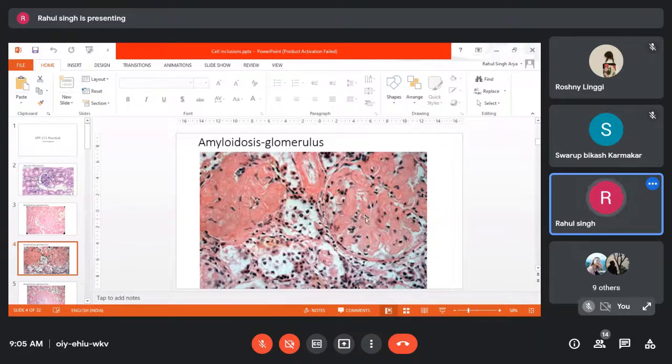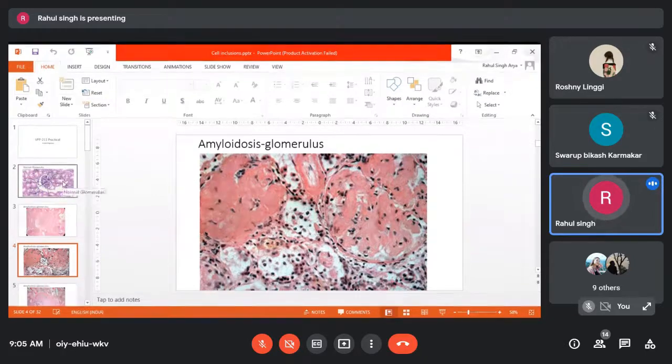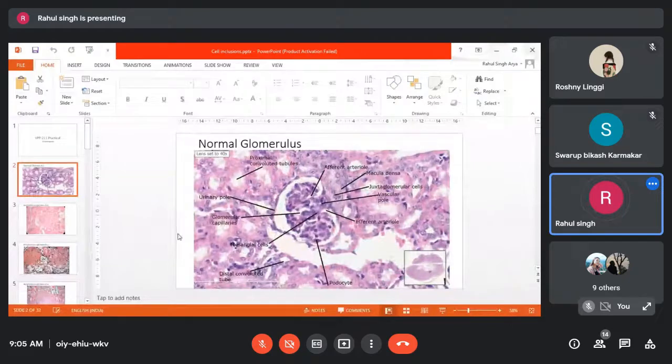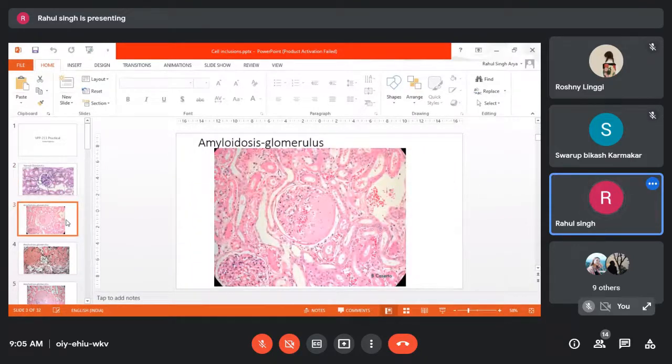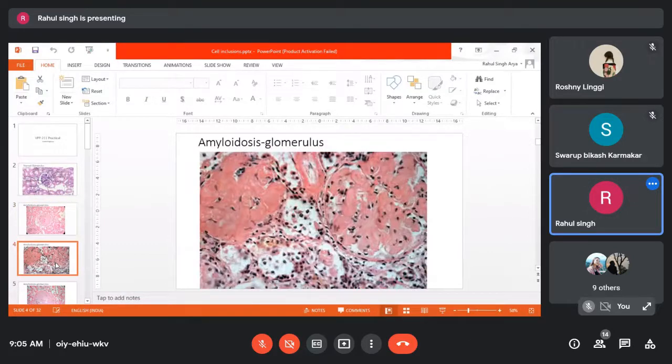You can see in some parts cellularity is more, and in some parts hyaline structures have formed. We can once again compare the same with the normal kidney. Can you see this? The normal glomerulus, and then compare with the amyloid affected glomerulus. All right.